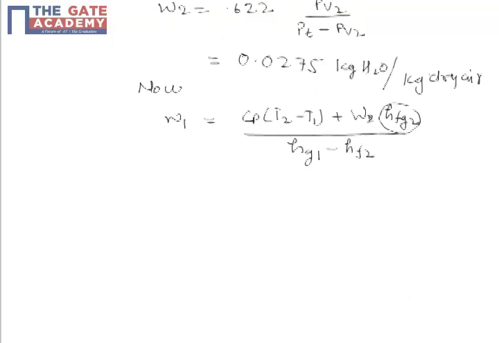From here we can find out this value as 0.0231 kg of water per kg of dry air.